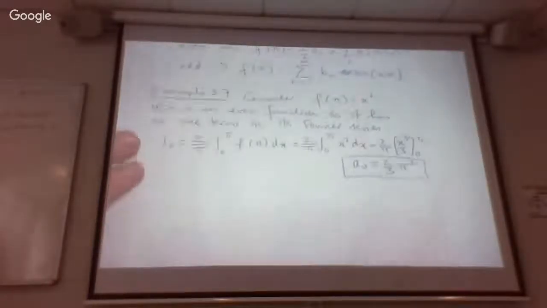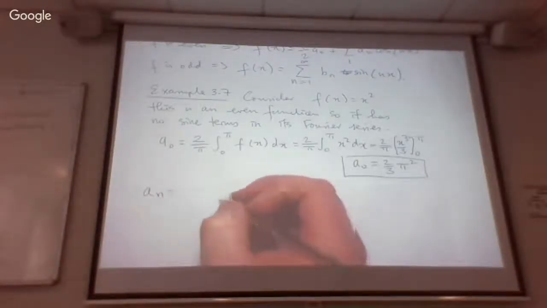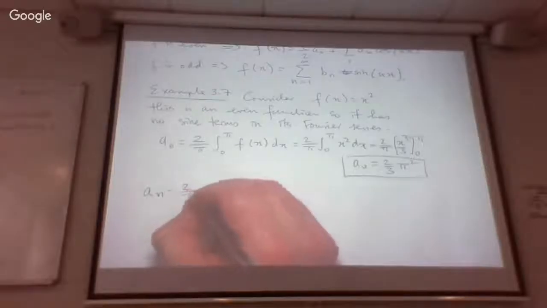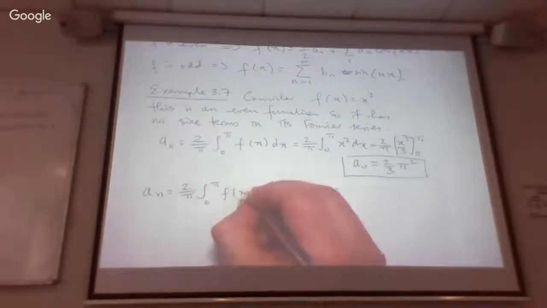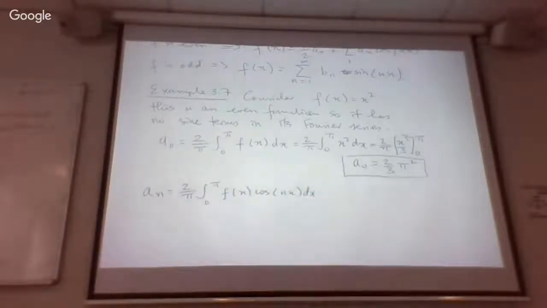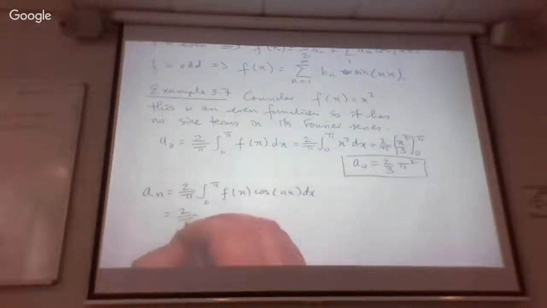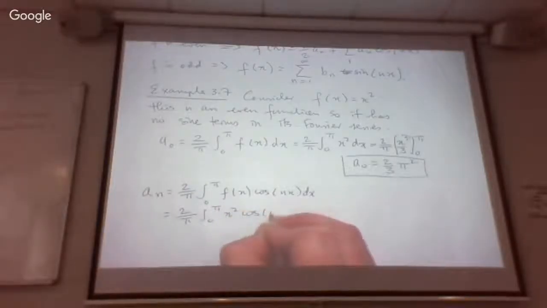And the an's, the other an's, will be, again, I can just take twice the integral over the positive half, f of x cosine nx dx. So this is 2 over pi, integral 0 to pi of x squared cosine nx.